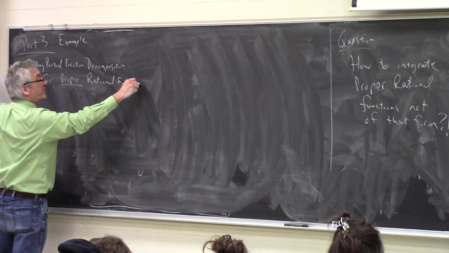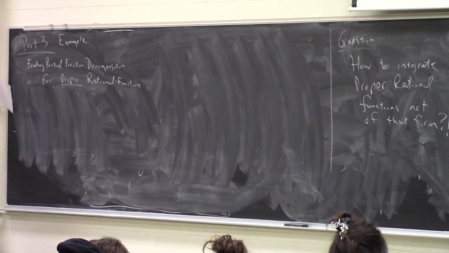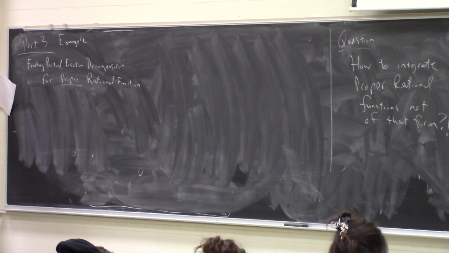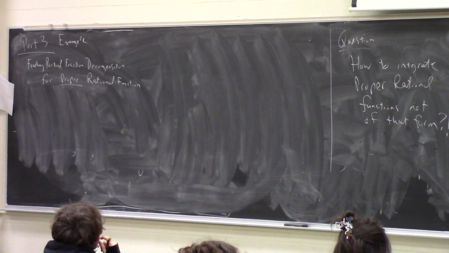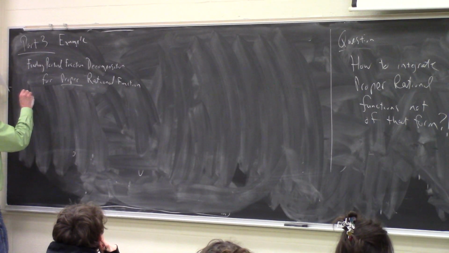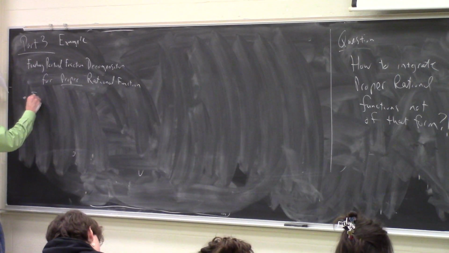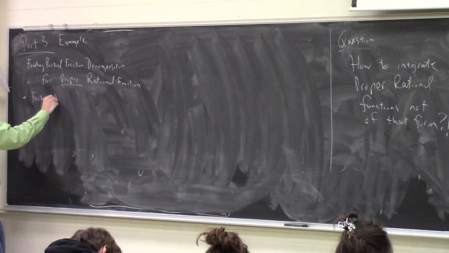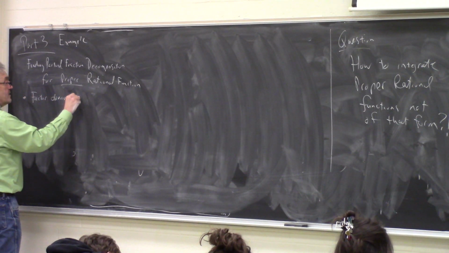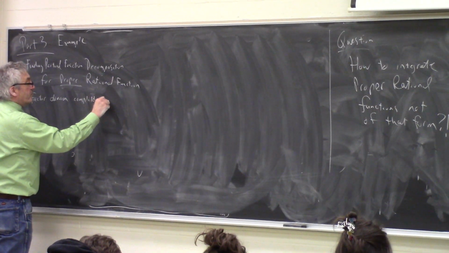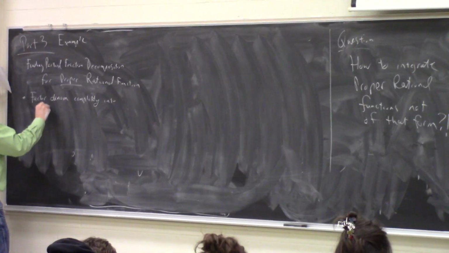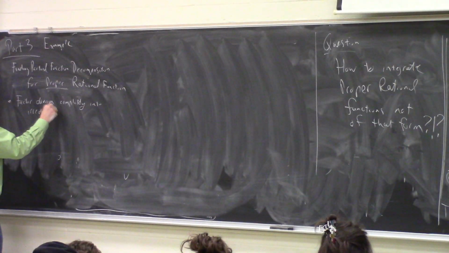There's no point in doing this for an improper rational function. We already know how to approach integrating those. You do long division to get rid of the improperness, and then you just deal with the proper rational function. So the first thing is: start by factoring the denominator completely into irreducible factors.